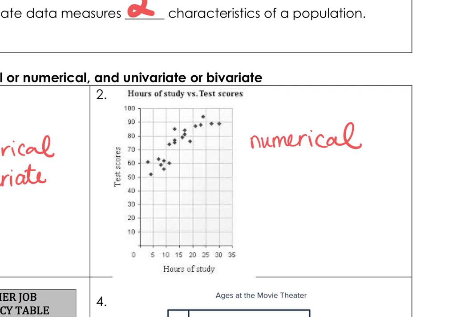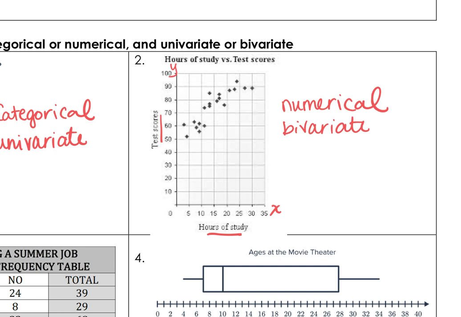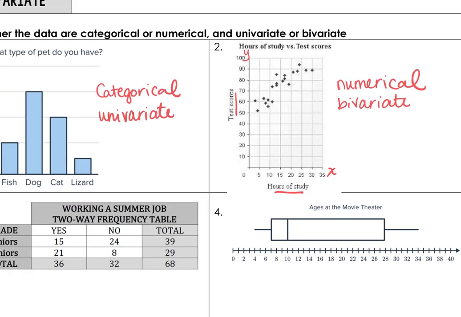And how many variables were there? 2. How many hours did you study? What was your test score? X and Y. We have 2 different variables here, so this is bivariate. We wanted to see how one of those compared to the other, right? So 2 variables, so bivariate.